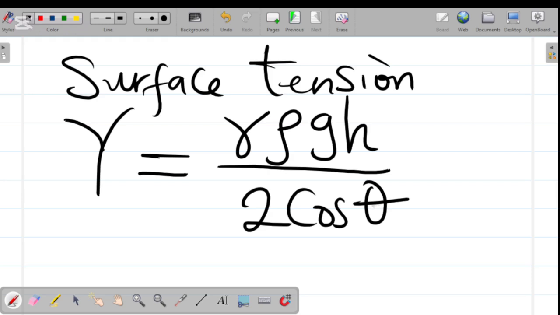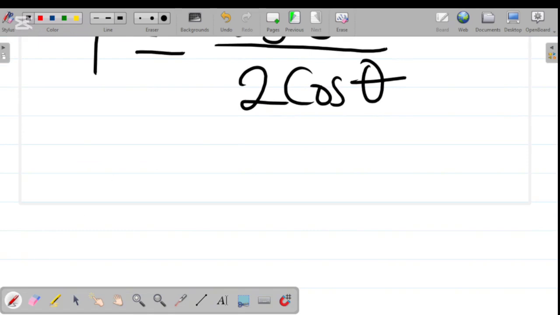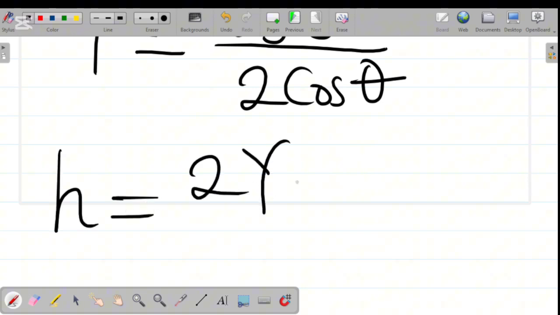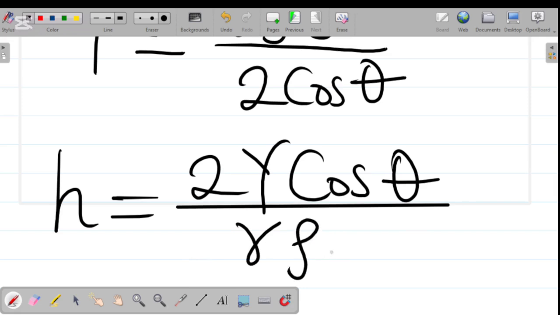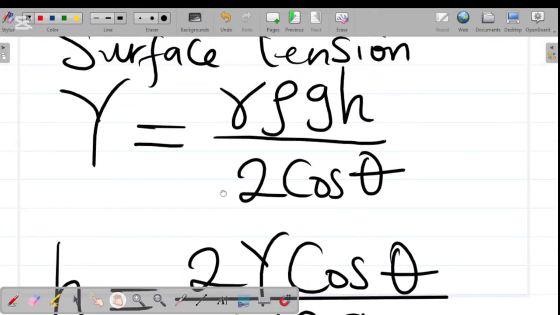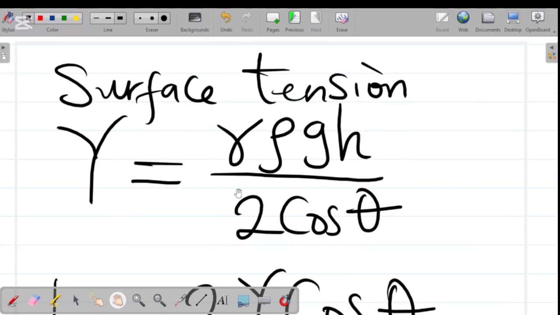Remember that theta is the angle of contact. And then if you are given the angle of contact, h becomes 2 multiplied by gamma multiplied by cos theta all over r multiplied by rho and then multiplied by g. All right, so this is how to prove the formula of surface tension.